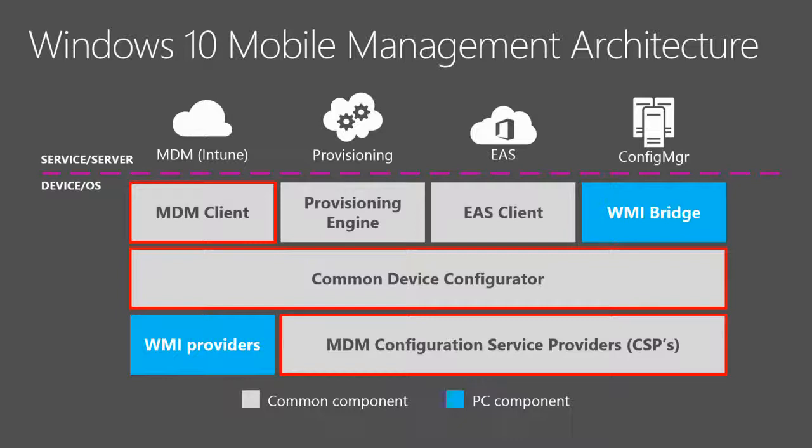Then we have Exchange ActiveSync, a very important protocol because it is still used for a lot of mobile devices out there. Of course, there is the provisioning engine. We'll talk about that shortly as well. And this is mainly to pre-provision phones or desktops to your end user so that when they get them and boot for the first time, everything will be configured according to your corporate policies.